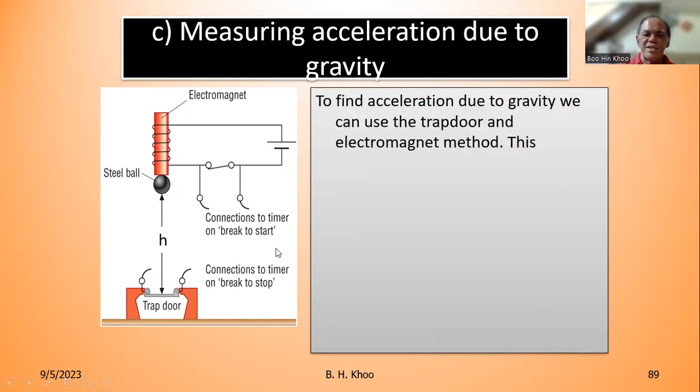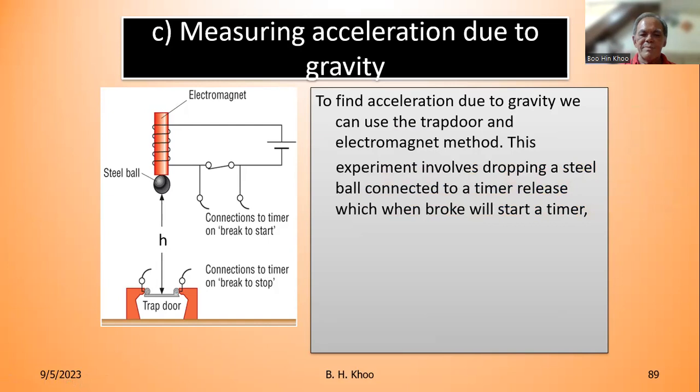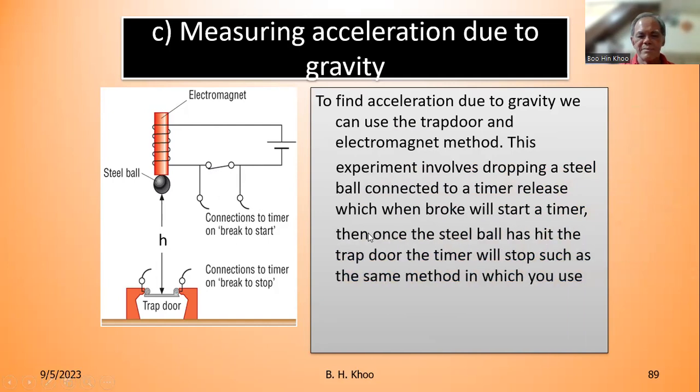To find the acceleration due to gravity, we can use the trapdoor and electromagnetic method. This experiment involves dropping a steel ball connected to a timer release, which when broken will start a timer. When we open the switch, it starts the timer.